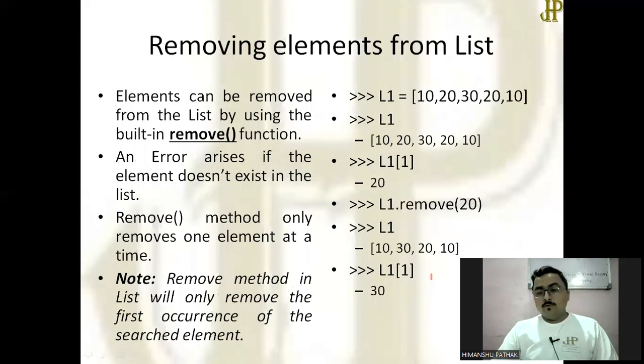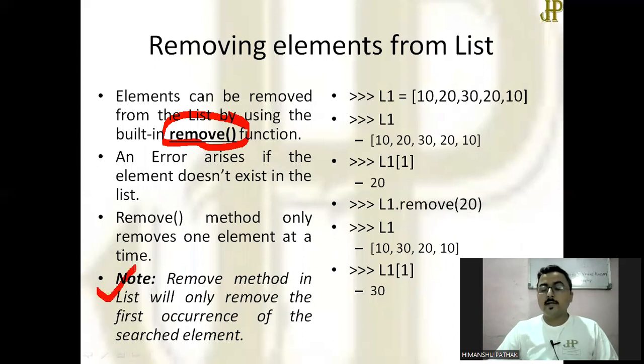Now, how to remove? Just like add, you can remove an element from the list. To do this, you can use the remove function. The remove method in the list will only remove the first occurrence of the searched element.